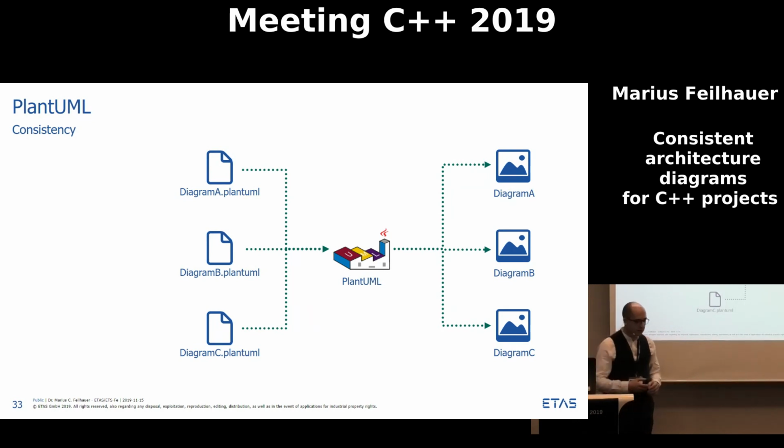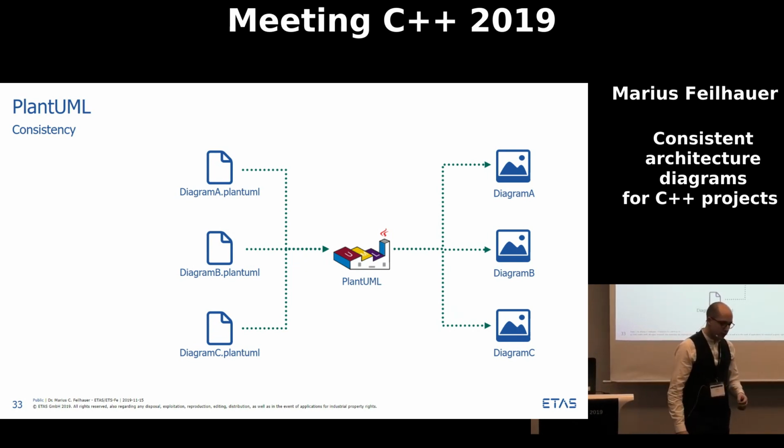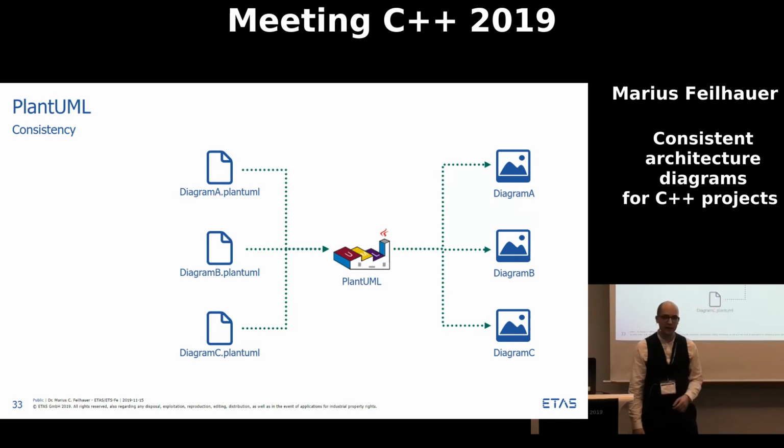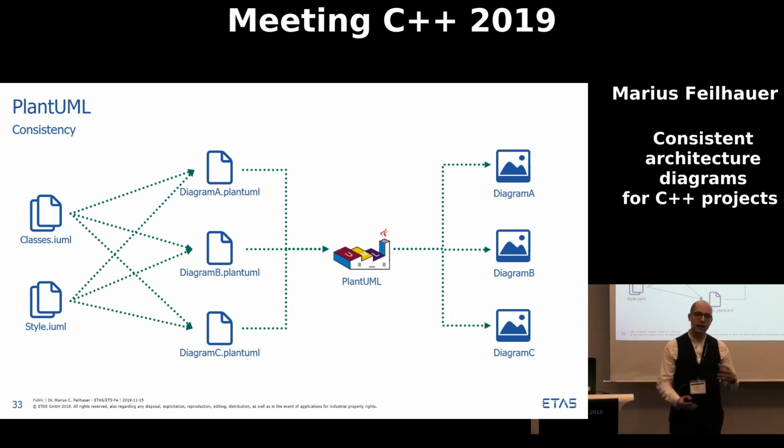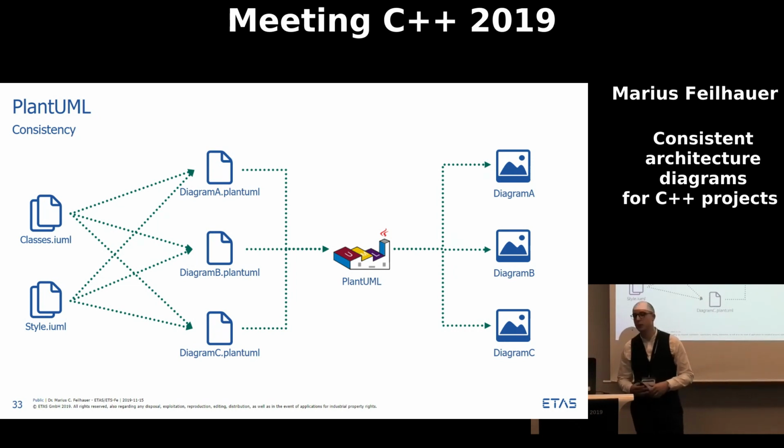In this example, let's assume we have 3 diagrams outputting 3 images. Now, each diagram uses a class called product, and if we redefine our product, we have to redefine it in all 3 places. So what we can do, we can extract them into a separate file and include them and use them. That's possible to some extent, the same way we just did for the style inclusion.